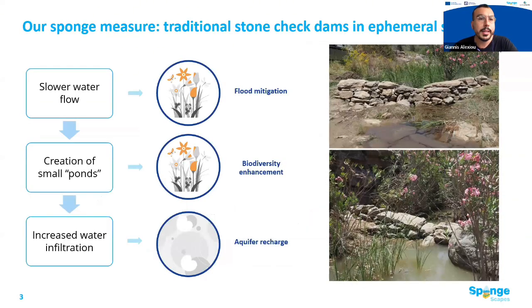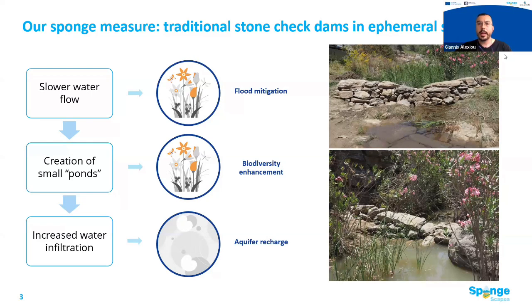So what's the sponge measure we're implementing here? It's the traditional stone check dams in ephemeral streams. Examples of this structure you can see on the right side of the screen. This is a really traditional practice that has been implemented in the Mediterranean regions for hundreds of years for water management purposes.